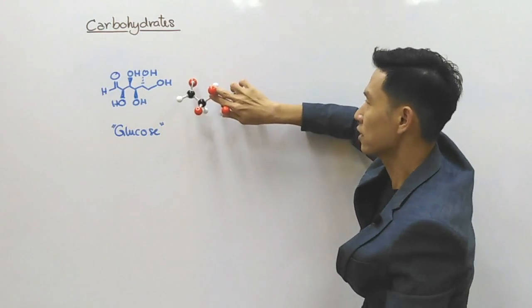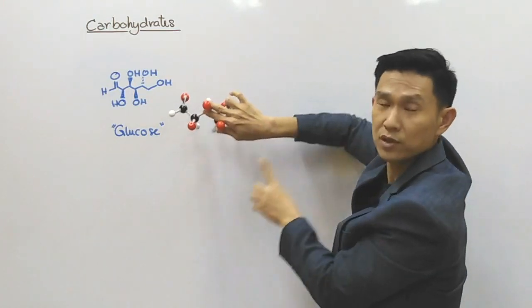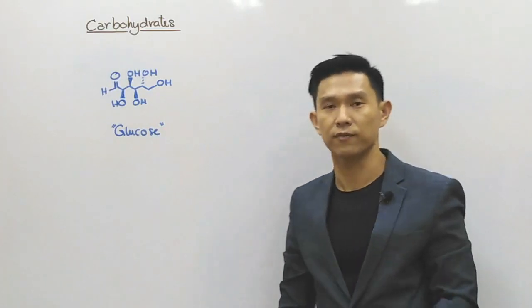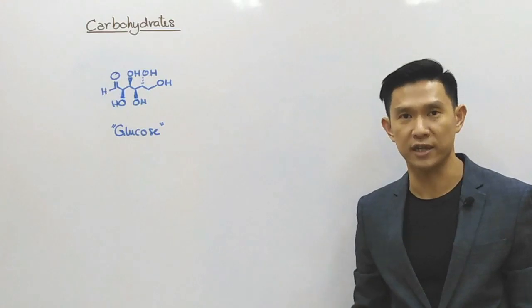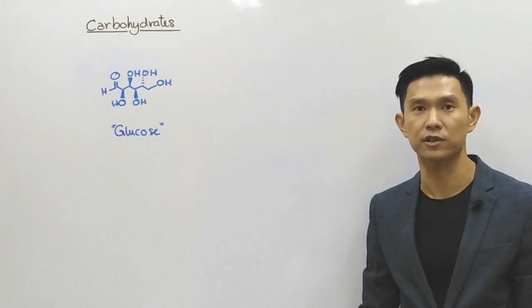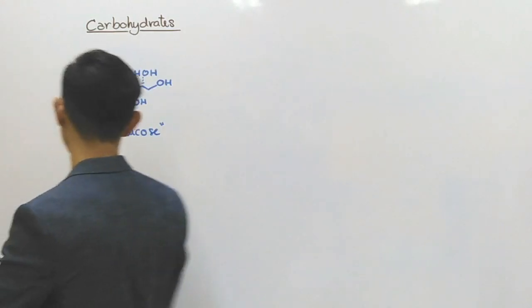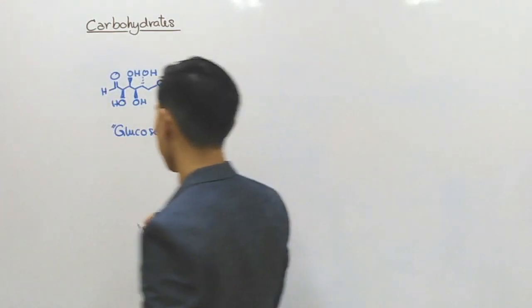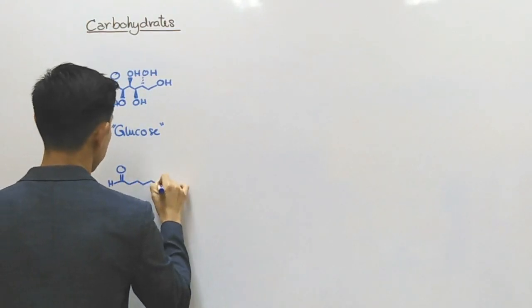So if you just swap this O with the hydrogen down here, you have a new kind of molecule, a new kind of monosaccharide, and the name is changed from glucose to something else completely. What I want to show you, for example here, is another kind of aldohexose that you're very familiar with the name.